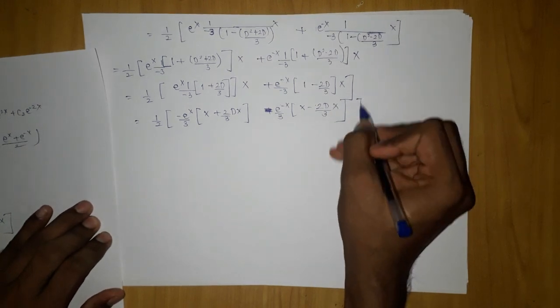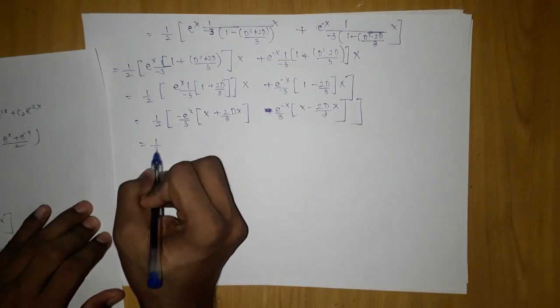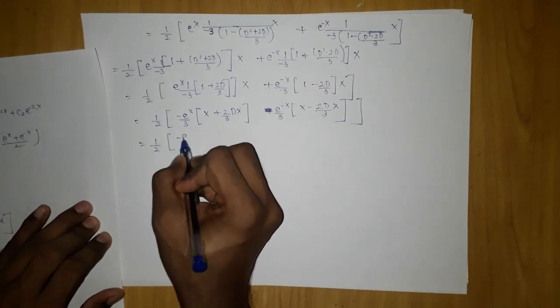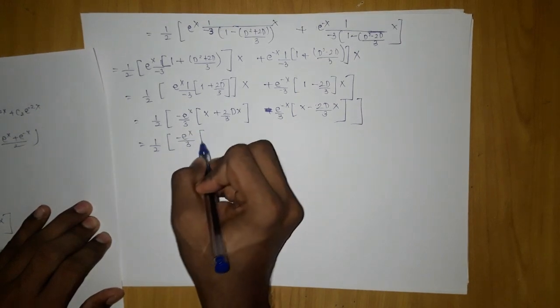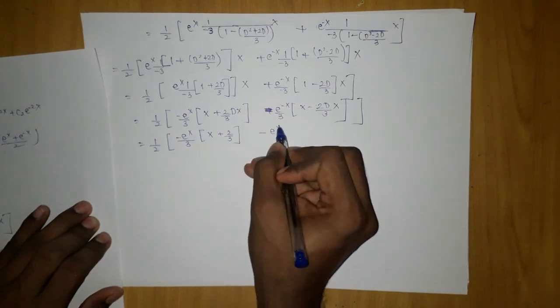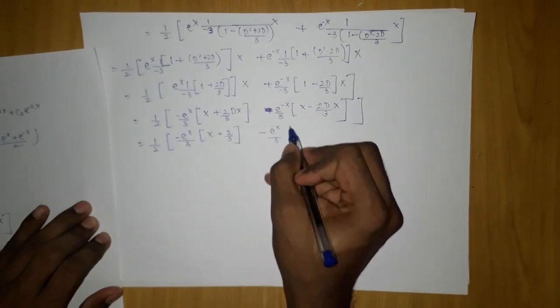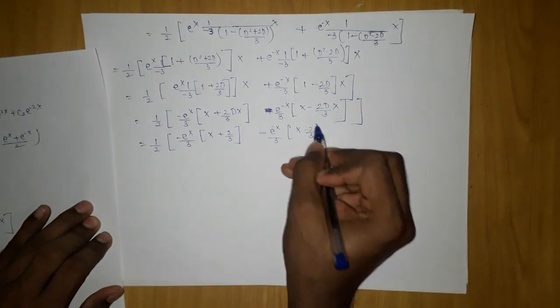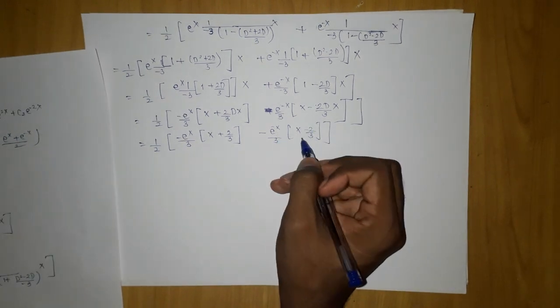So we are getting this thing, the whole bracket close. Now if we do this thing, minus e power x by 3, this will be x plus 2 by 3. Differentiation, minus e to the power minus x by 3, this will be x minus 2 by 3. The only difference there with minus sign.